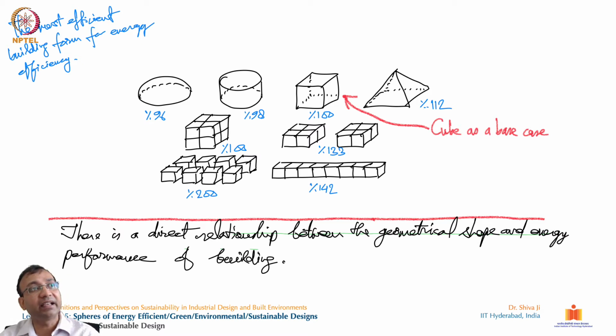In some cases they decreased: in the hemisphere it decreased by 2%, and in the cylinder it increased by 2%. In the hemisphere it decreased by 4%. But for the rest, since the surface area is increasing, the energy consumption increased tremendously. In this case, if you see, it increased by twice.